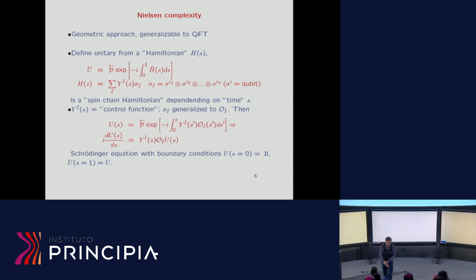So we define the unitary transformation as coming from a quote-unquote Hamiltonian, an object defined in a spin chain type in a certain operator basis.